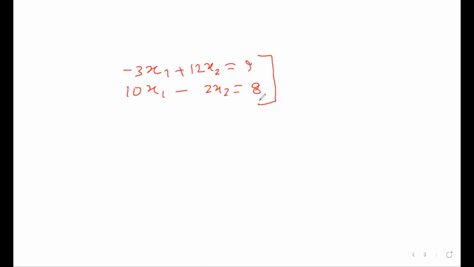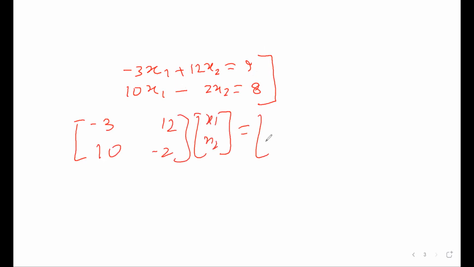Are your equations set in diagonally dominant form? Here, your A matrix is [-3, 12; 10, -2] times [x1, x2] equal to [9, 8]. Diagonally dominant means this: you have to check the diagonal dominance of this matrix A. Is that matrix diagonally dominant?